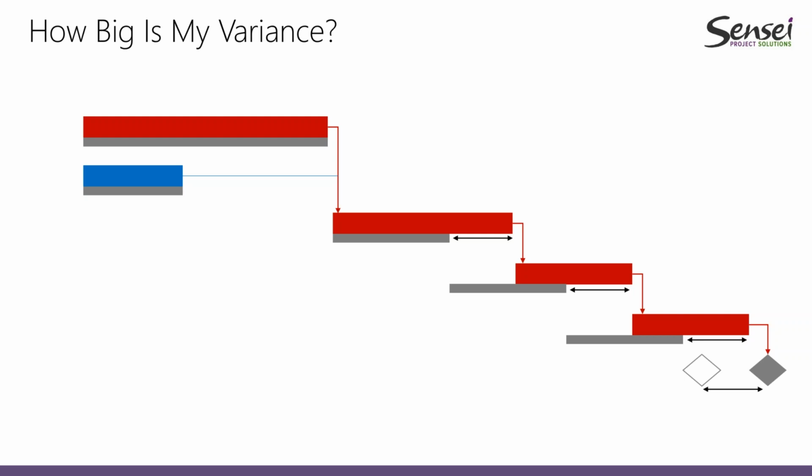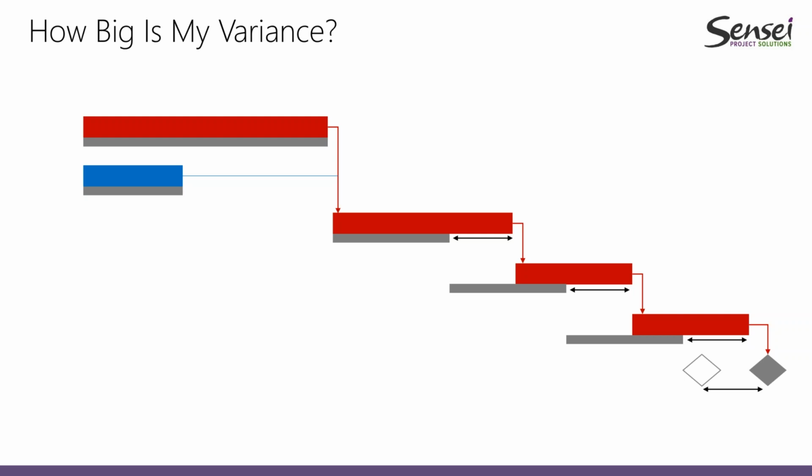This is all stored in the finish variance field, which is a built-in field in Microsoft Project that we don't need to calculate. However, it provides the information as days. We may have 1 day of variance, 2 days, 10 days.